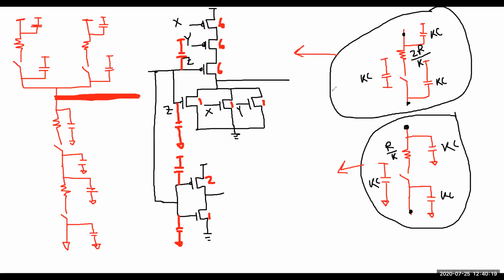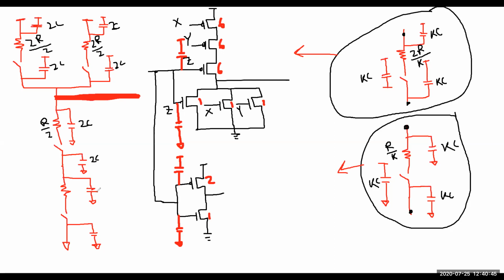So let's write the sizing first. This is 2R by 2 because the sizing was 2, right? So this is 2C, 2C. This is 2R by 2. This is 2C, 2C. This one is also 2, so this is R by 2. This is 2C.